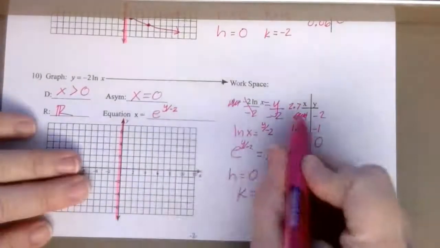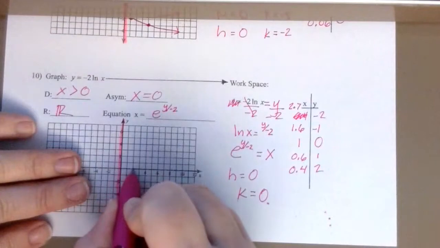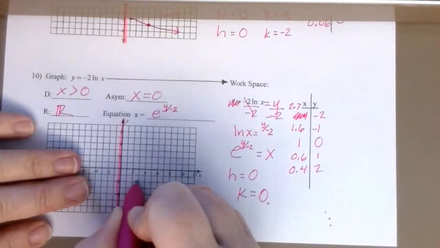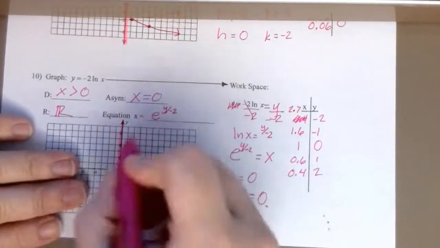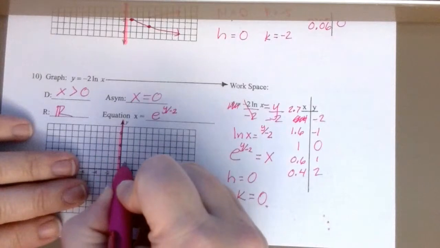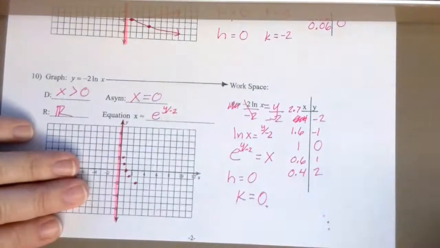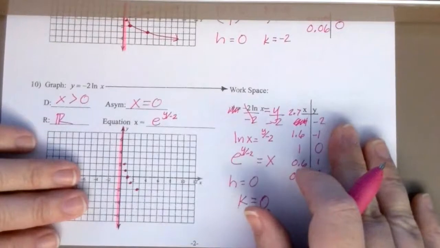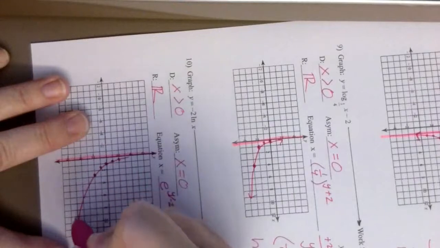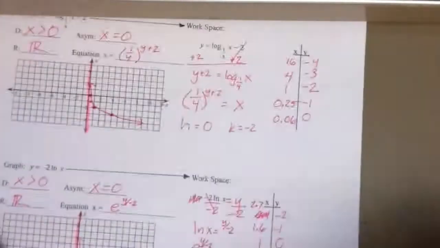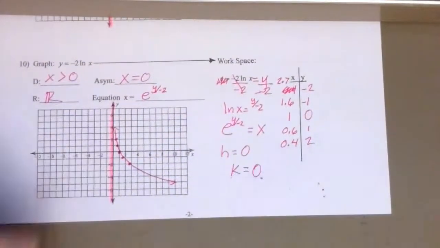So, 2.7 at -2, 1.6 at -1, 1 at 0, 0.6 at 1, and 0.4 at 2. So this one's a much more gradual curve. It's not quite as dramatic of a curve as some of the other ones. But it will continue curving like that. Okay. Any questions?